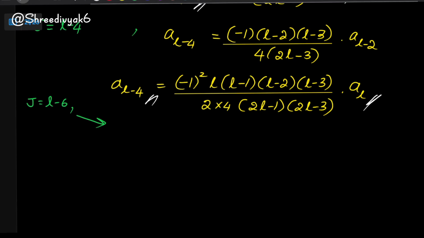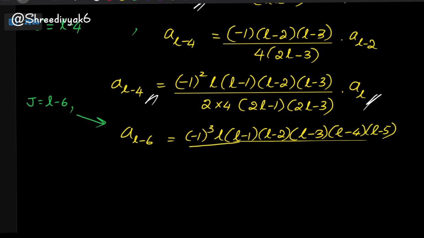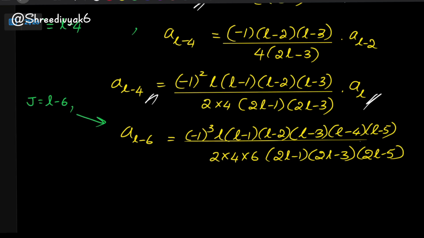The coefficient A L minus 6, look at the trend: minus 1 raised to 3, L into L minus 1, L minus 2, next term L minus 3, into L minus 4 into L minus 5, whole thing divided by 2 into 4 into 6 into 2L minus 1 into 2L minus 3 into 2L minus 5, whole thing into A L.